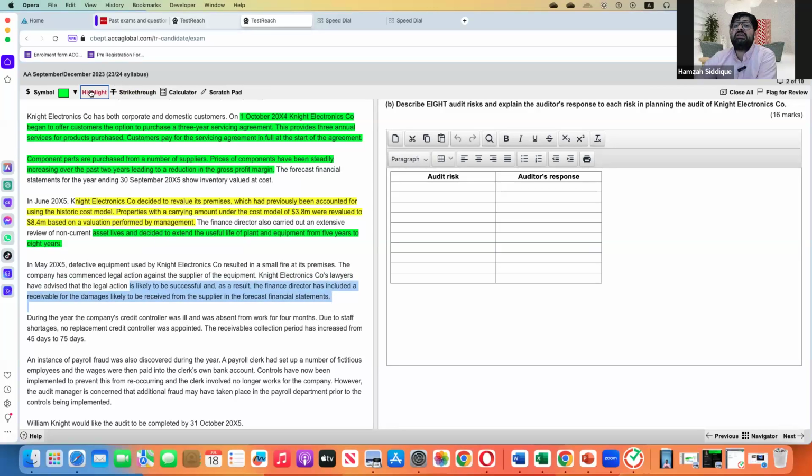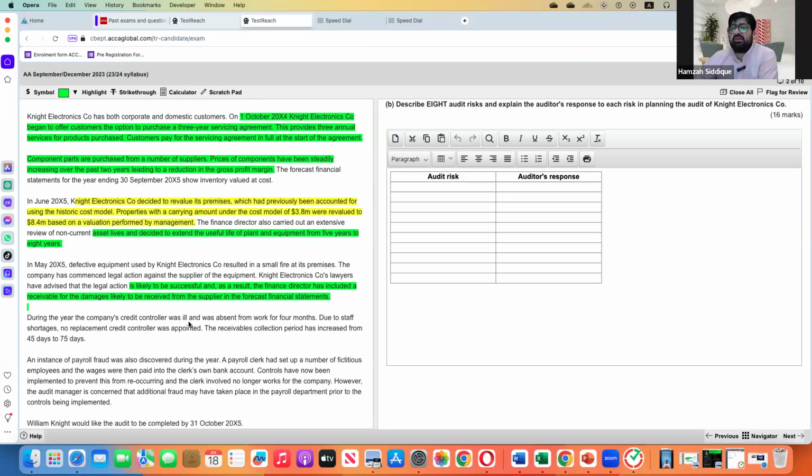Now, this is a clearly incorrect accounting treatment. They've commenced action, the lawyer is saying it is likely to be successful, and they've recorded it immediately. Possibility is there, but there is a high risk it might be incorrect.